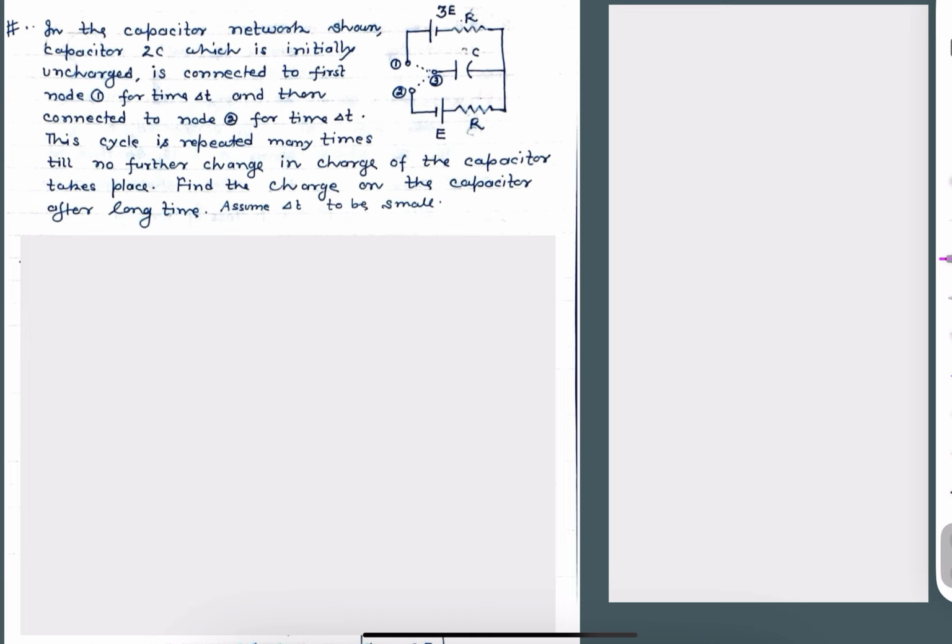If this is so, then obviously we can say after each cycle, the charge on this becomes unchanged.